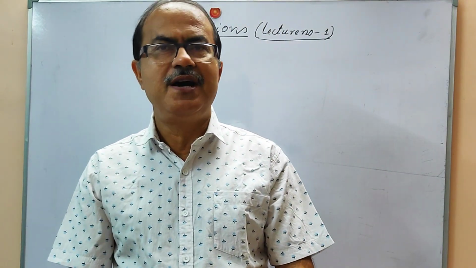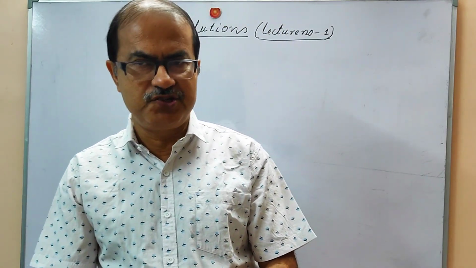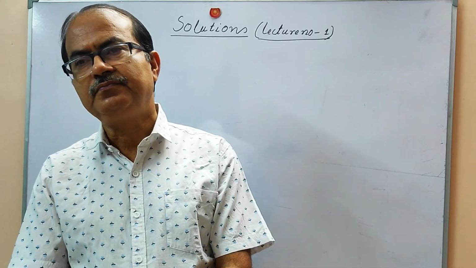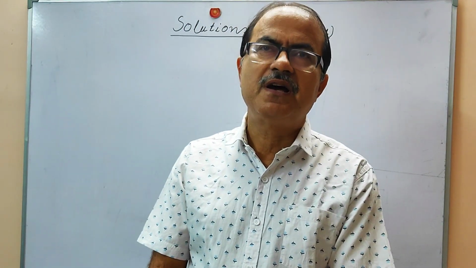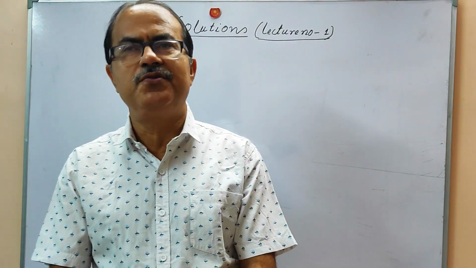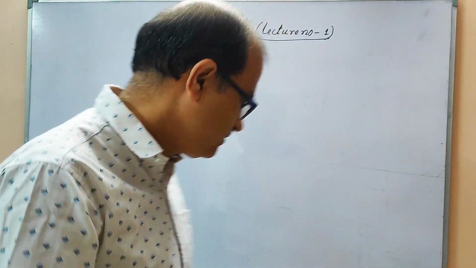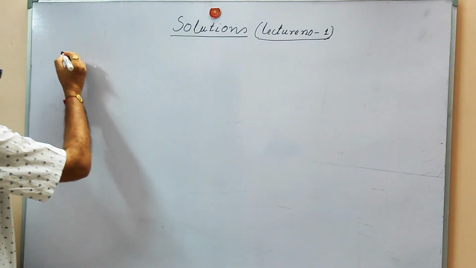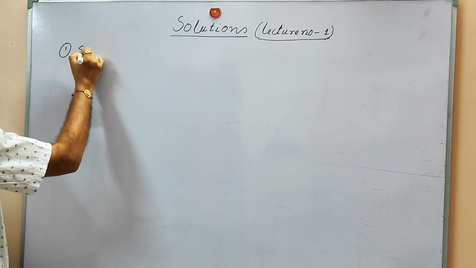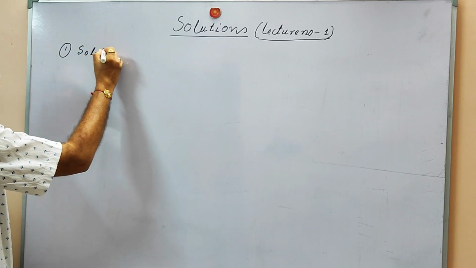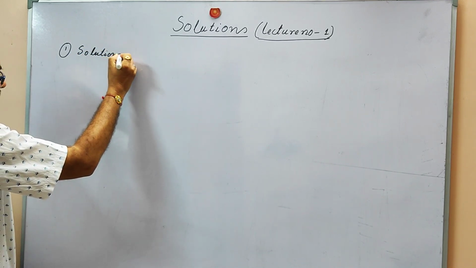First we are going to discuss some important definitions of the solutions chapter. Some important definitions means that we first discuss what a solution is. What do you mean by solution?